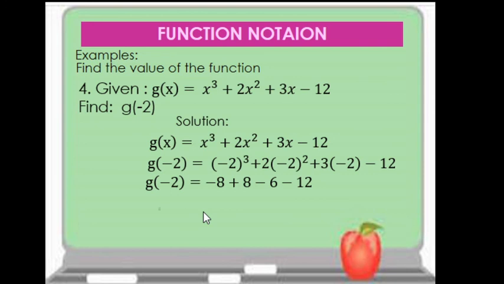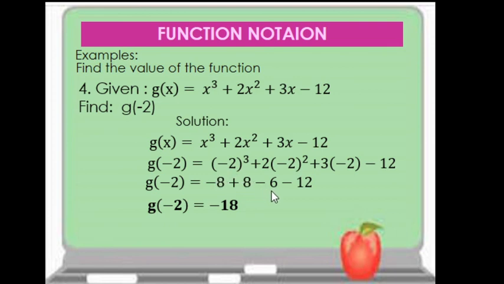Okay, next. So, g of negative 2 is equal to negative 18. Paano siya naging negative 18? So, dito, negative 8 plus 8. So, dahil siya ay magkaiba ng sign, kailangan natin siyang isubtract. So, pwede na natin siyang i-cancel kasi yan ay magiging 0 ang sagot.